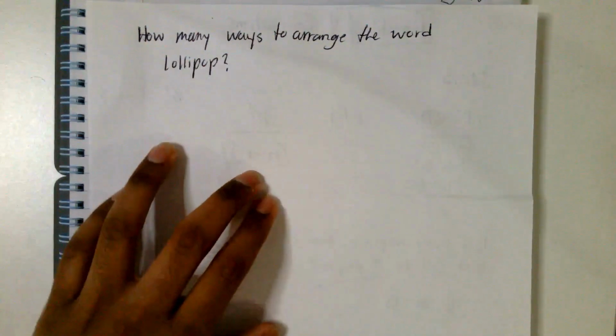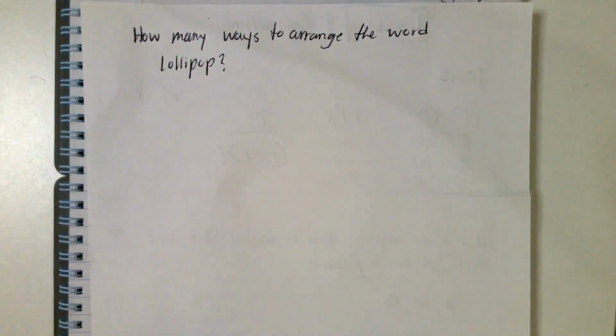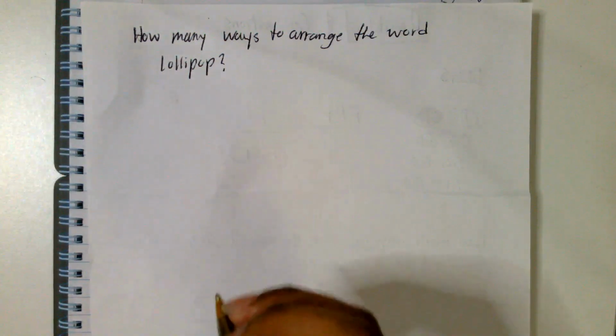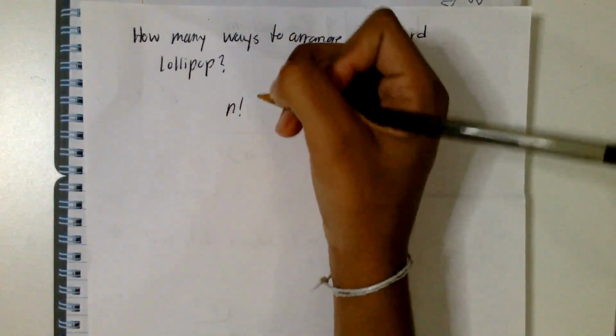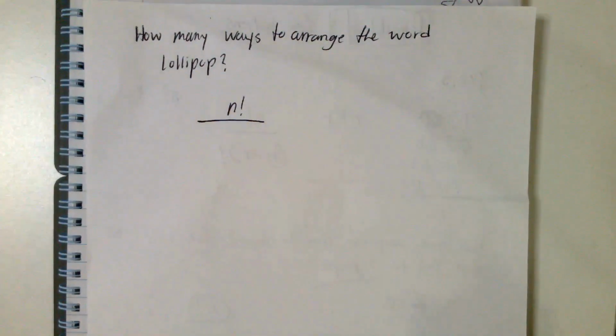Okay, our next problem. How many ways to arrange the word lollipop? Okay, so for word rearrangement, we can't necessarily use the same formula we used before. So there's a new formula we can use, although it's similar. So the top, N factorial. The bottom is going to be a bit different.